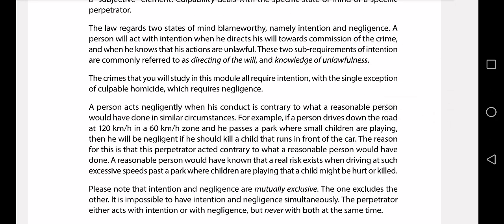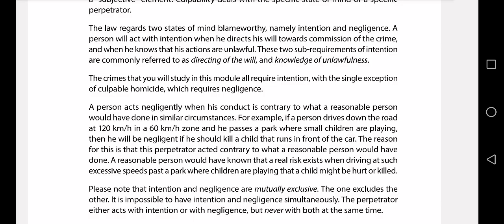The law regards two states of mind as blameworthy, namely intention and negligence. A person will act with intention when he directs his will towards commission of the offense, and when he knows that his actions are unlawful.